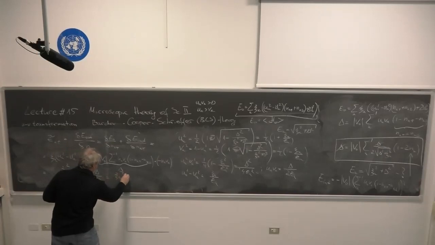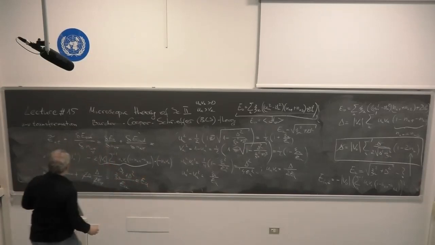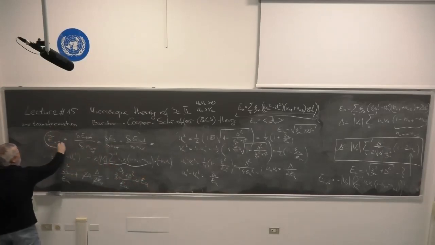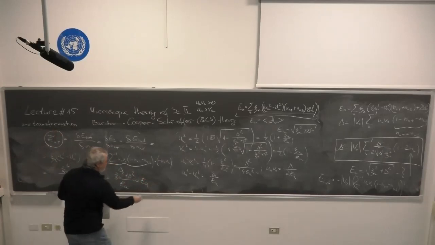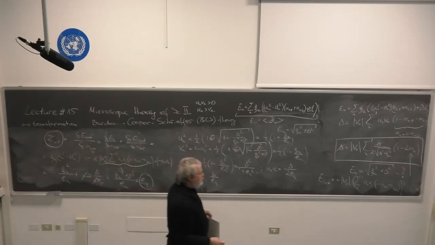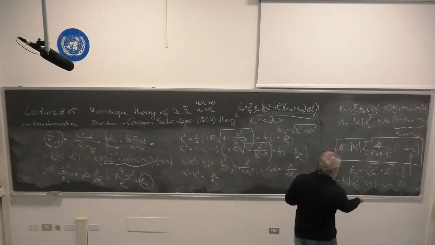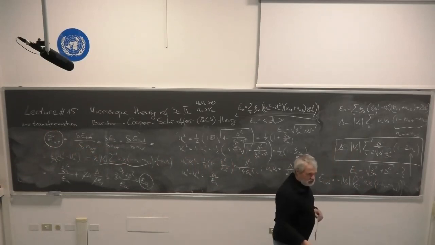So I have psi k squared plus delta squared divided by E_k. So I have E_k. So my new dependence of the energy of the quasi-particles on the wave vector is given by this equation.